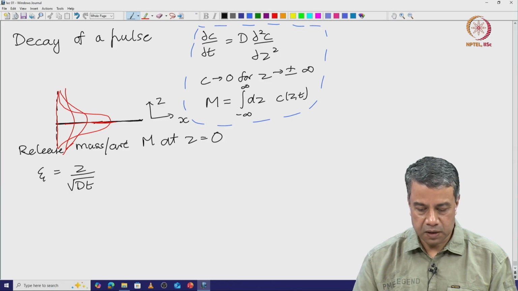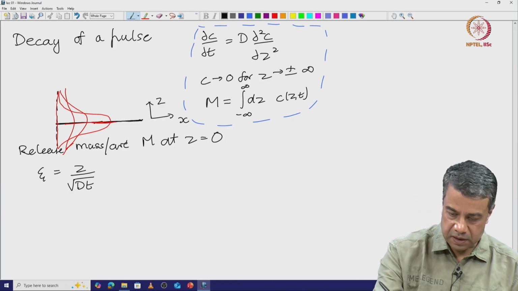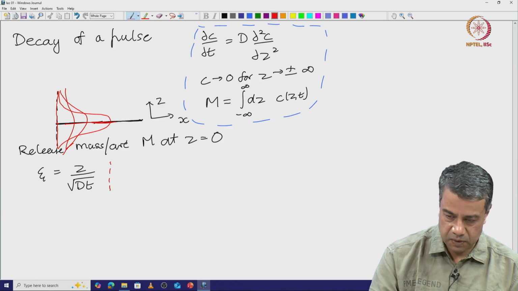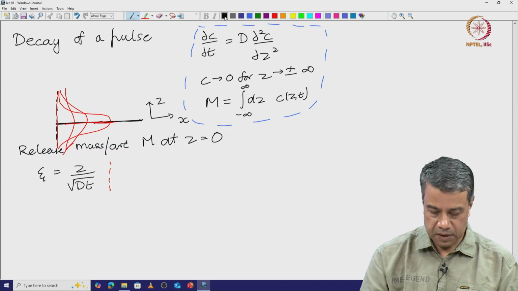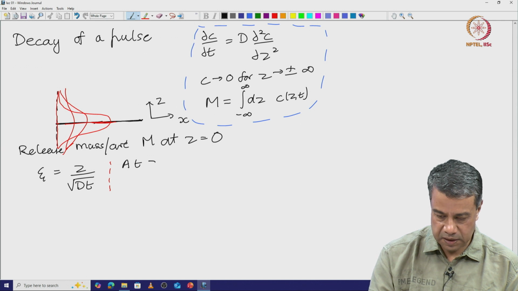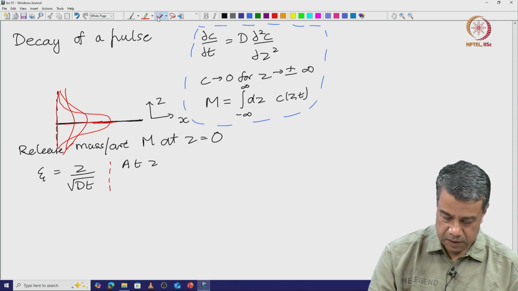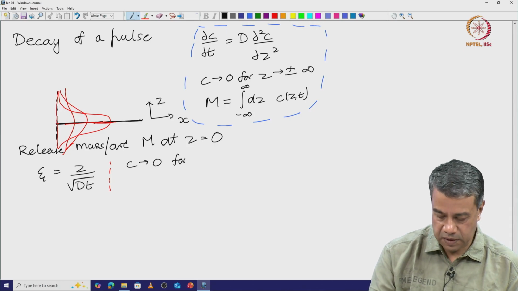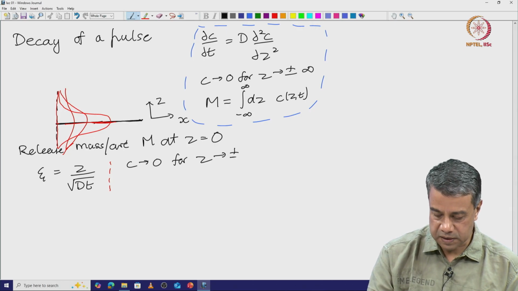What about the total mass condition? The boundary conditions at z: C tends to 0 for z going to plus or minus infinity.